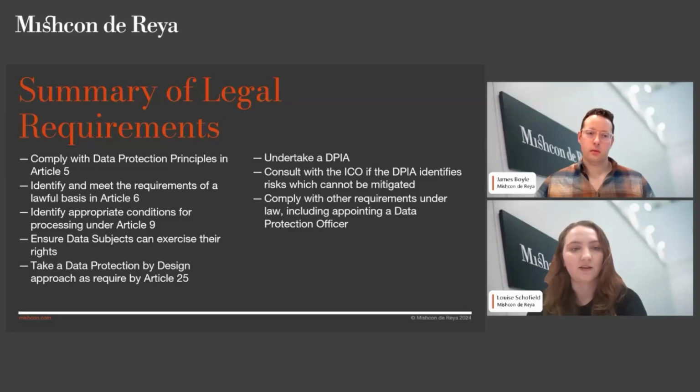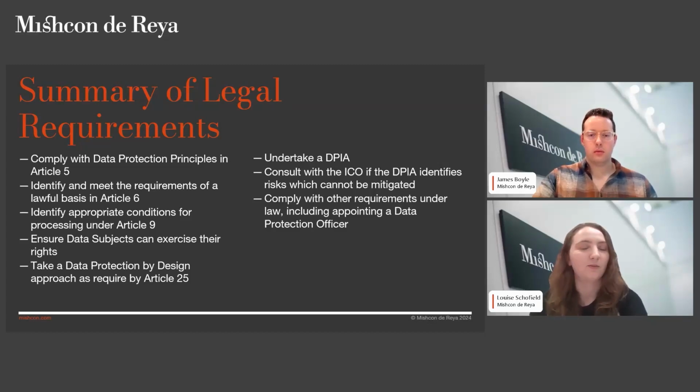Identifying and meeting the lawful bases that James explained earlier on in the presentation, and then ensuring that data subjects can exercise their rights are all very important. DPIAs, data protection impact assessments, will almost certainly be needed, and we'll talk a little bit about that later. But you may need to consult with the ICO, and they are very open to that in their guidance.